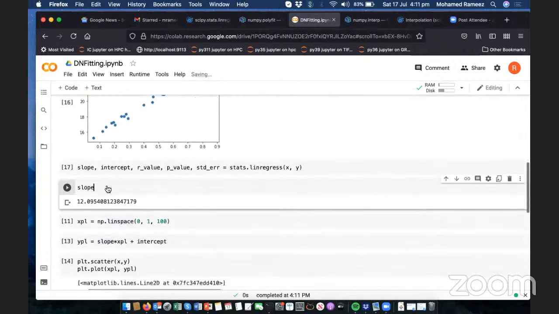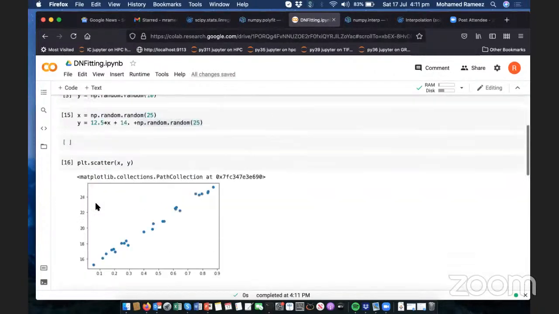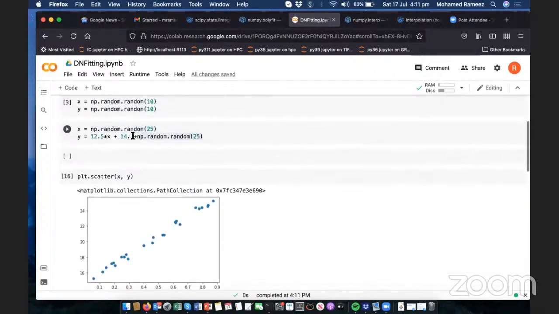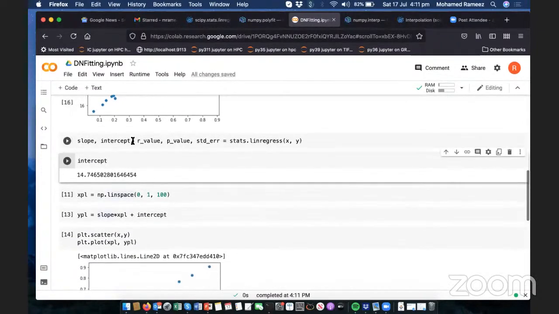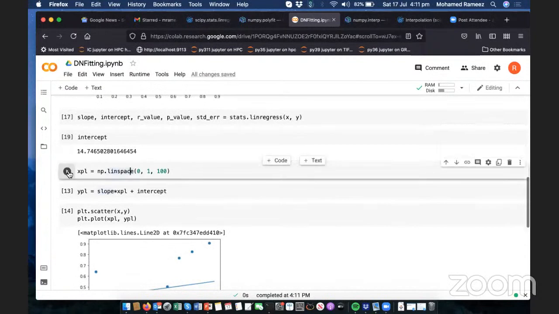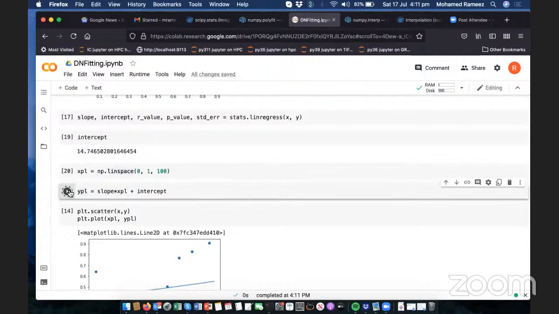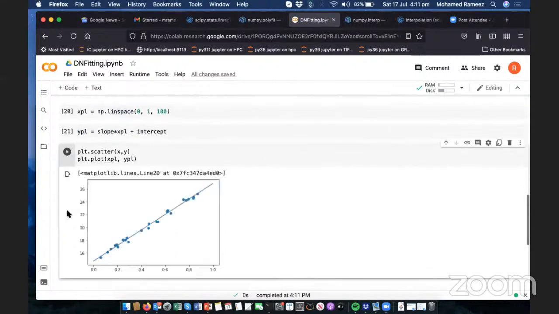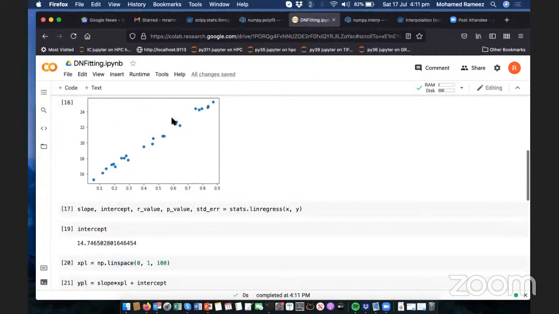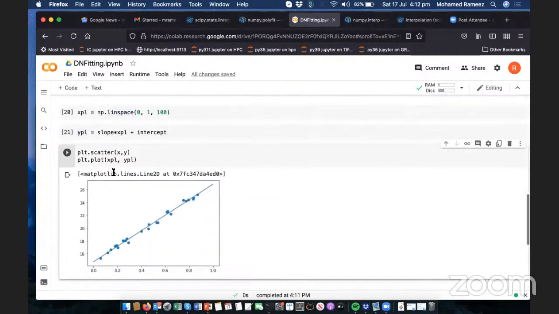And if I check the intercept, it is 14.74, which is again close to the 14 intercept that I put in. The difference is only because of the noise. So now if I plot this again, let us examine what it will look like. So yeah, you have these points, and then you have the best fit line for it.